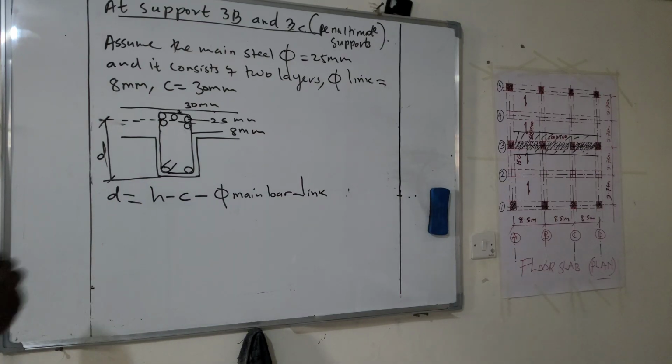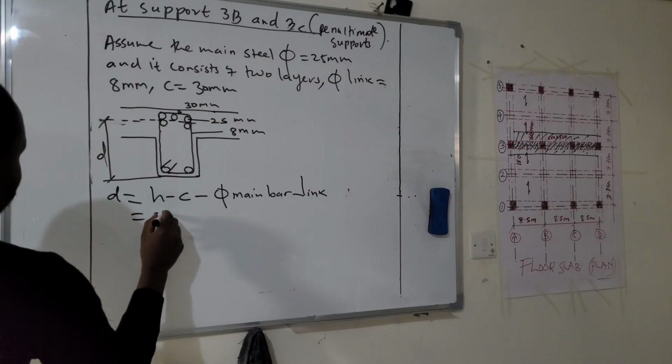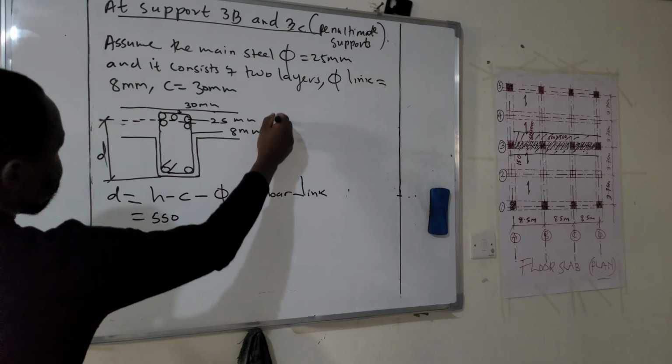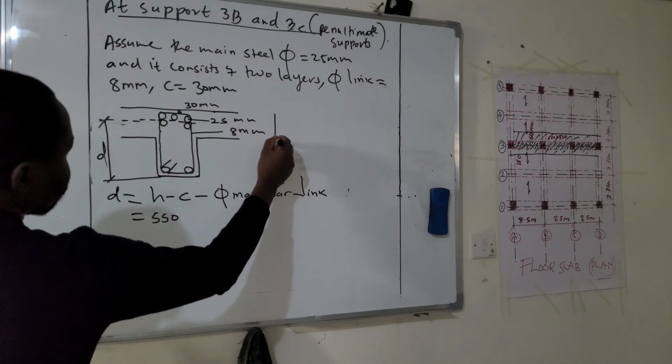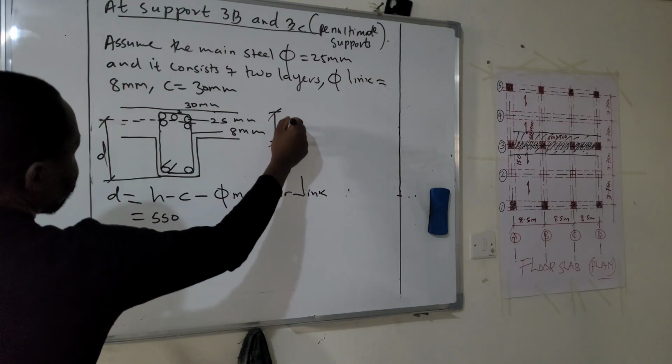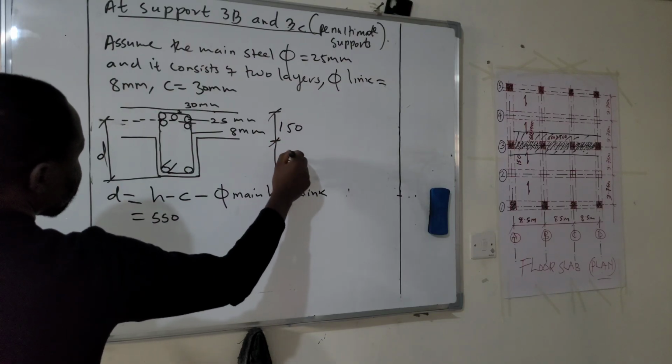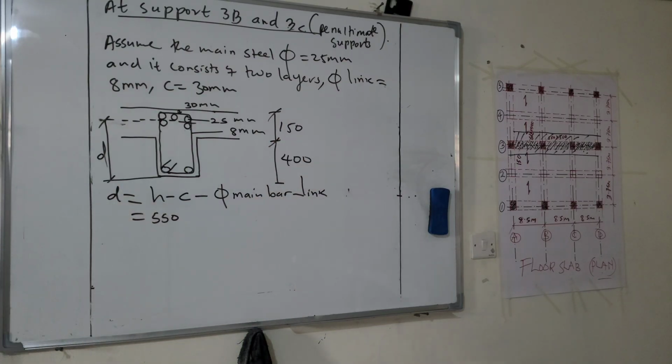So remember, our H is equal to 550. This is 150, thickness of slab. This is 400.